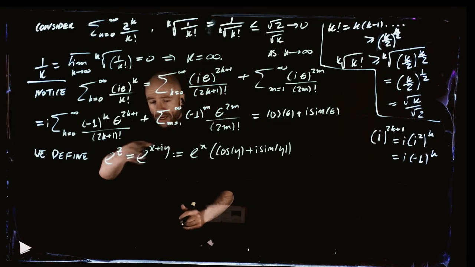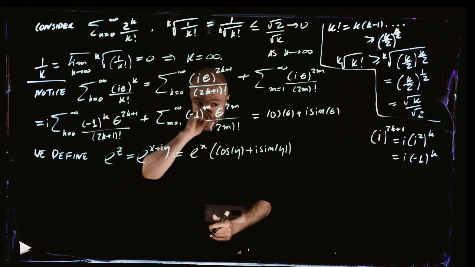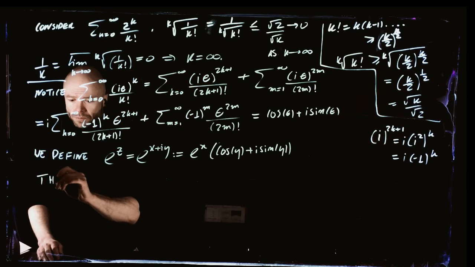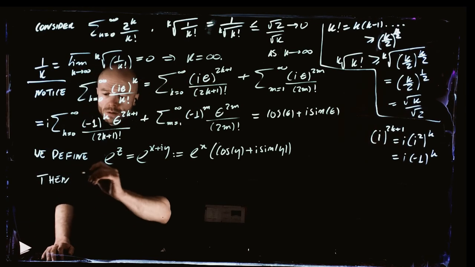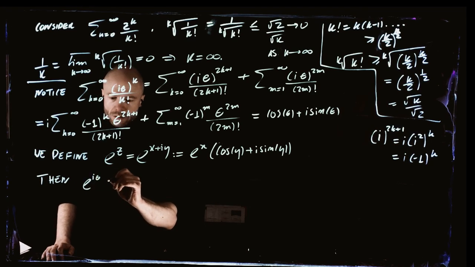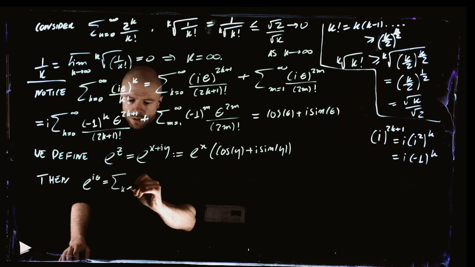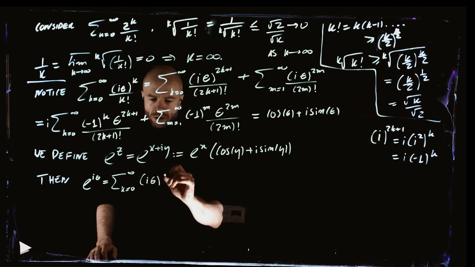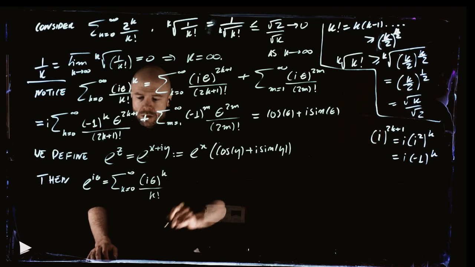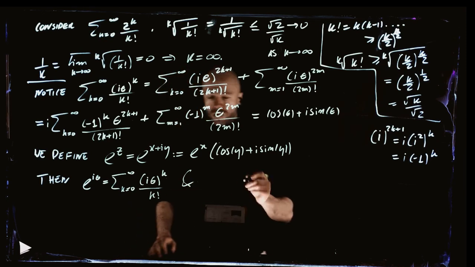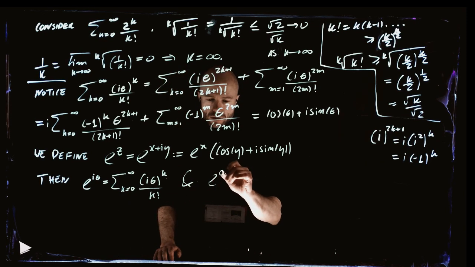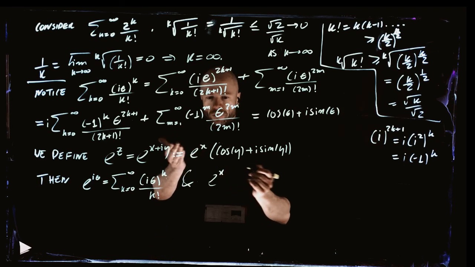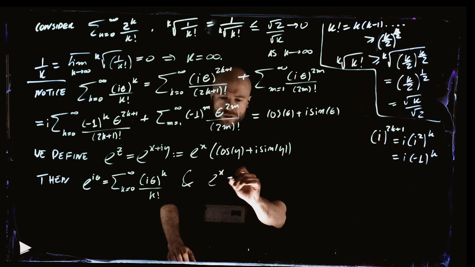So if we define it like this, then the above calculation is that this is given by this power series, the sum from k equals 0 to infinity of i theta to the k over k factorial. And if we just do e to the x itself, then from this there's no imaginary part. This is just e to the x.